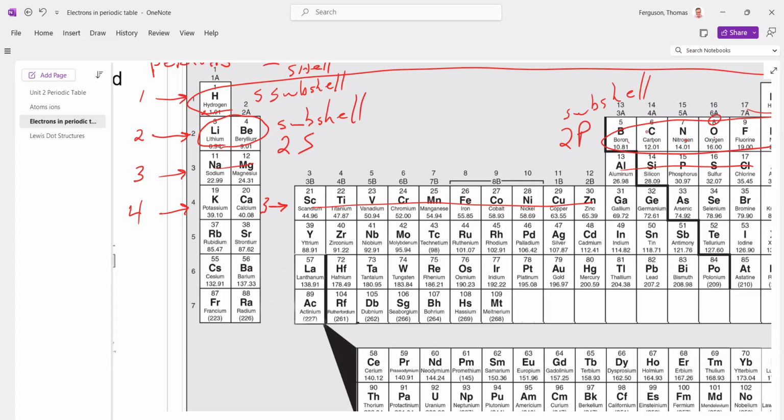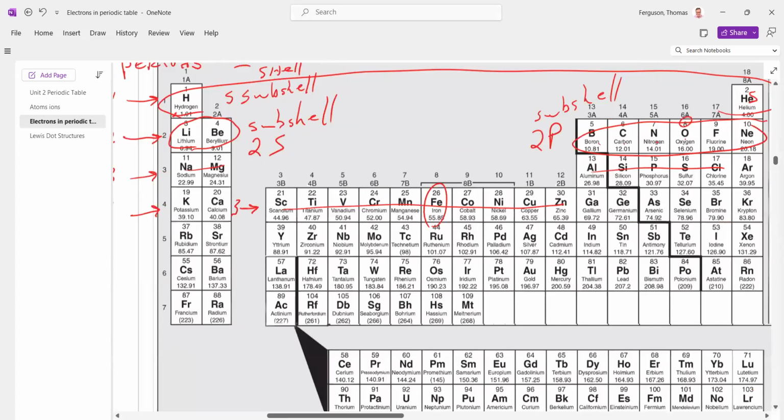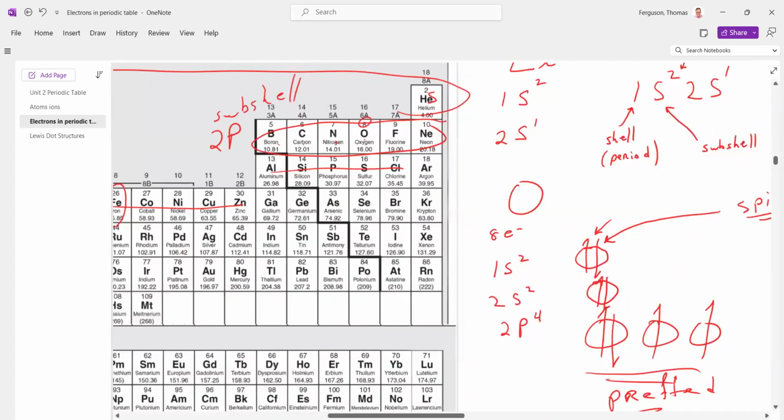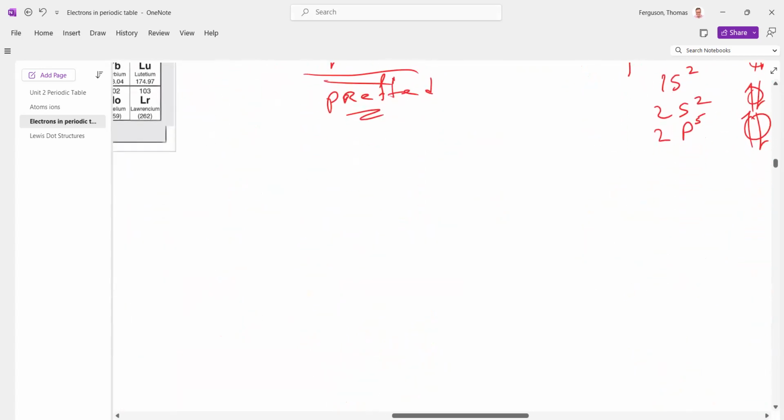Okay, so we're looking at iron now. 26 electrons. And it's located on the D block, as in dog. So 26 electrons.